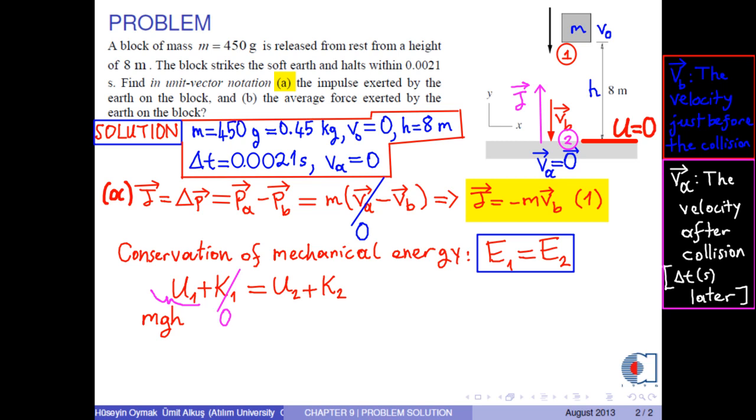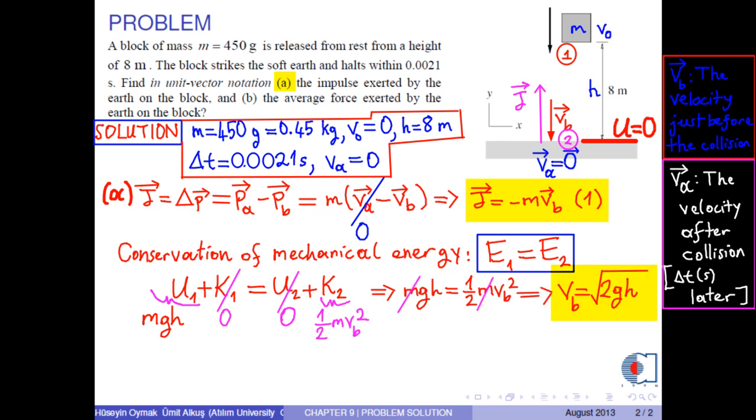The gravitational potential energy of the block at point 2, that is at the bottom, is 0. Then the kinetic energy of the block at position 2, just before the collision, is 1/2 m times Vb squared. Therefore, we obtain the conservation of mechanical energy for positions 1 and 2 as m times g times h equals 1/2 m times Vb squared.